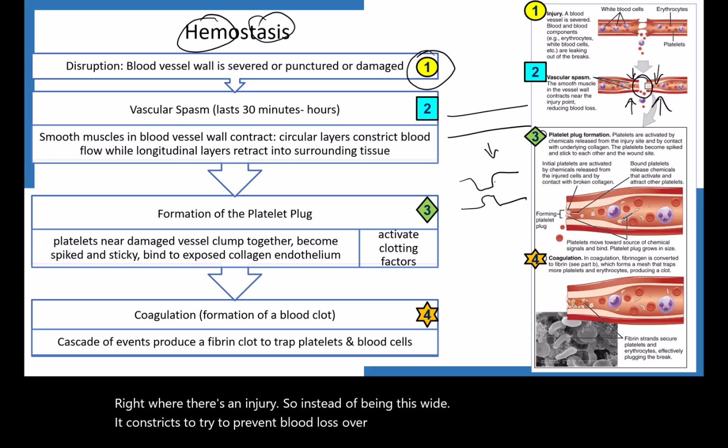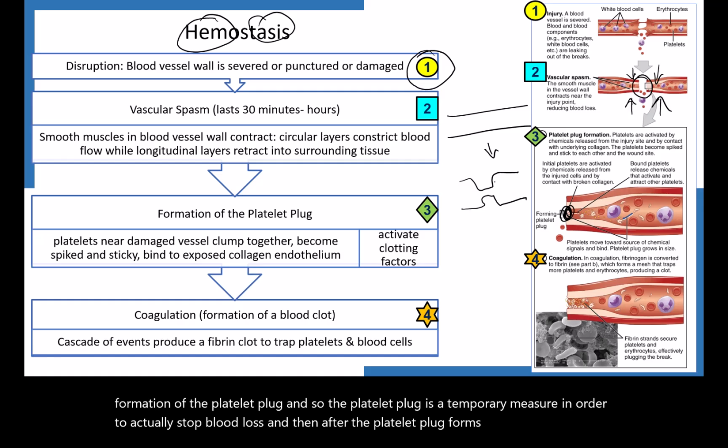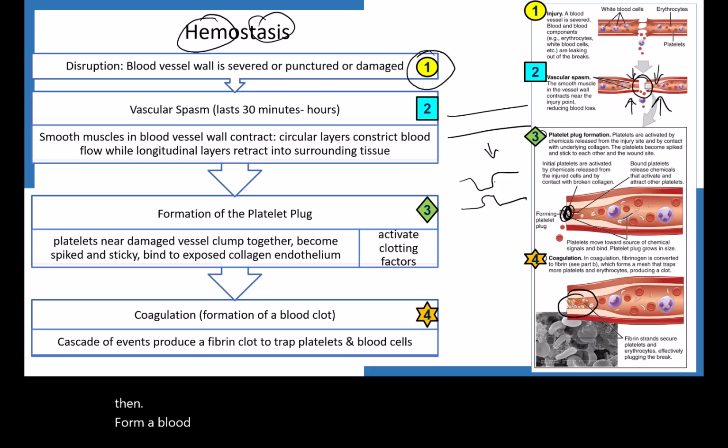The second step is the formation of the platelet plug, which is a temporary measure to stop blood loss. After the platelet plug forms, it activates clotting factors that are passing through, and those activated clotting factors then form a blood clot.